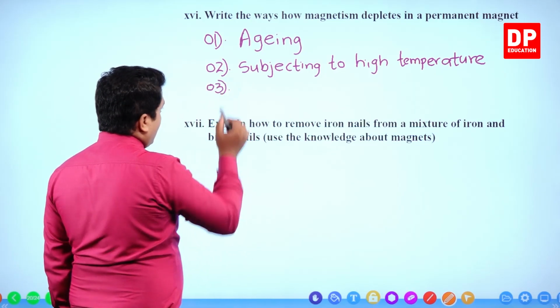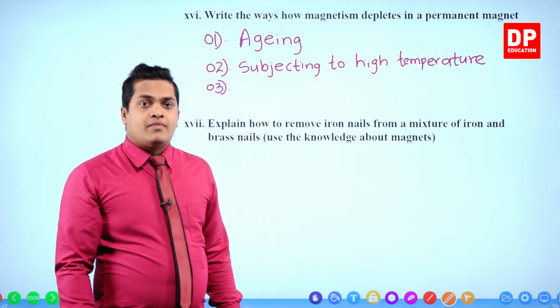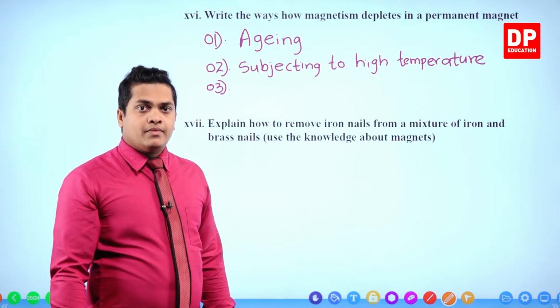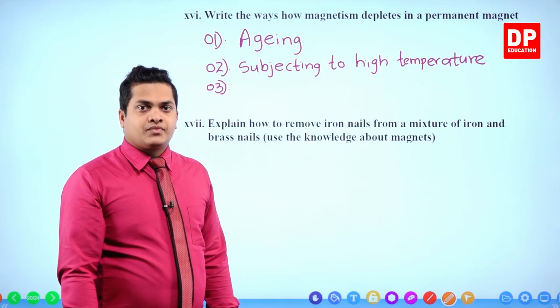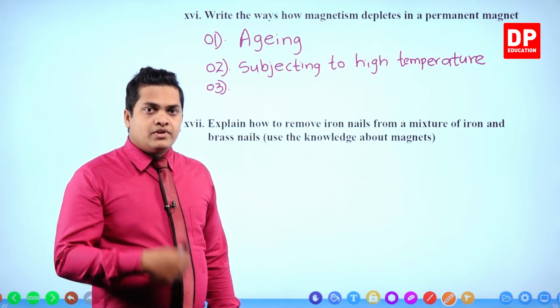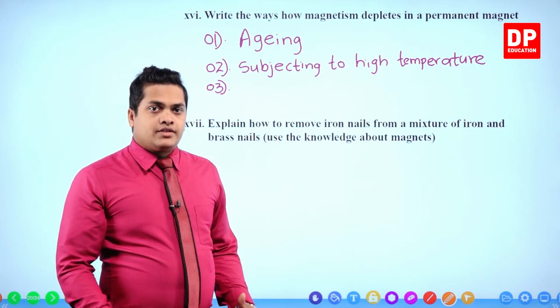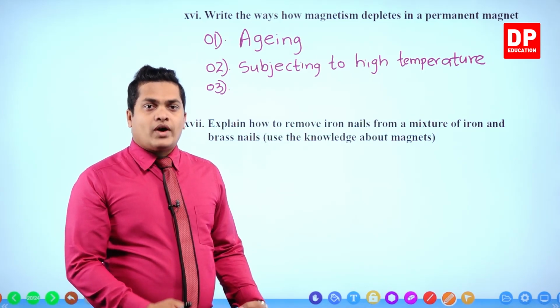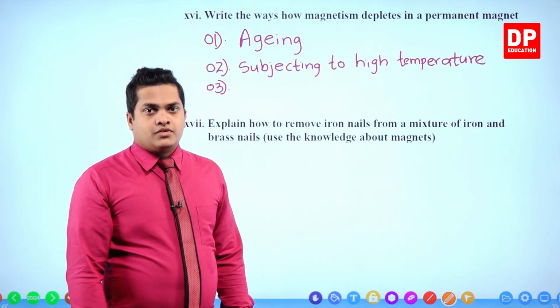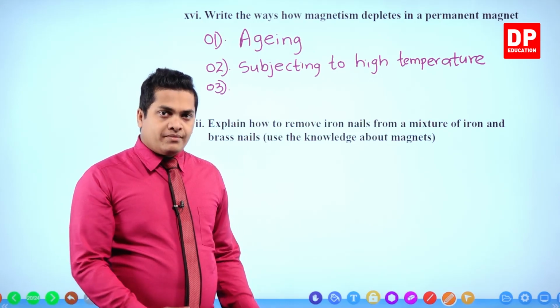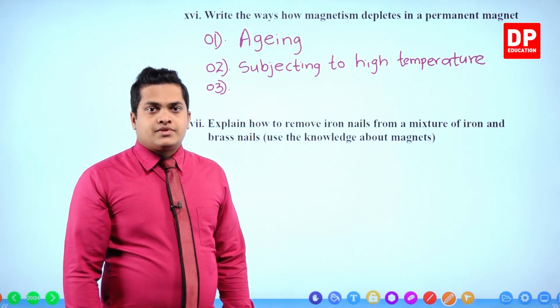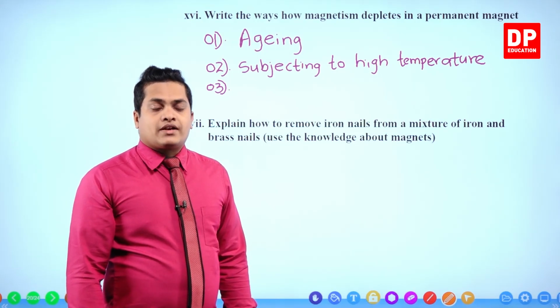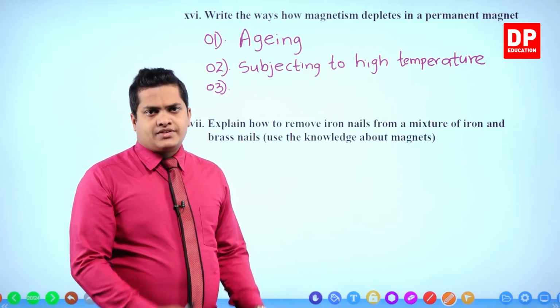Number 3, the third one. We used a permanent magnet and hammered it using a hammer. When hammering, the magnet is subjected to several vibrations. So due to vibrations also, we observe that the magnetism or the magnetic field is going to deplete somewhat.